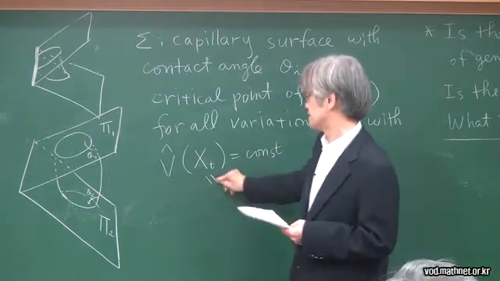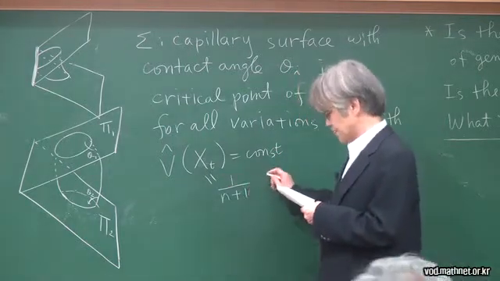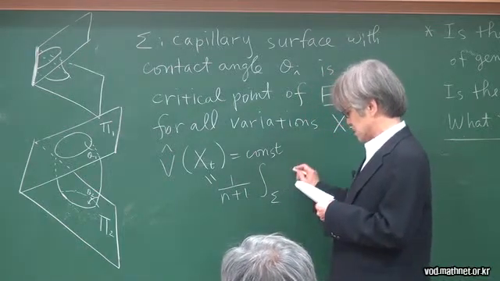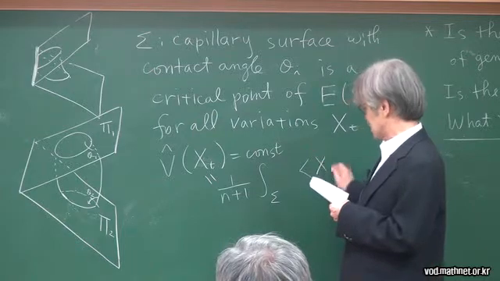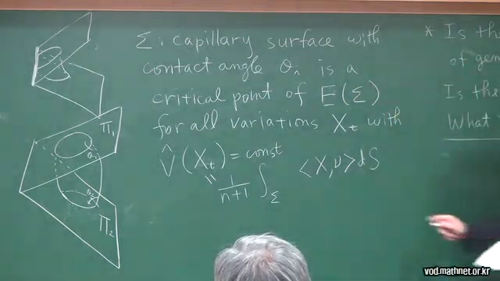And this enclosed volume is the oriented volume, 1 over n plus 1 times the integral of x ds. But this is open.